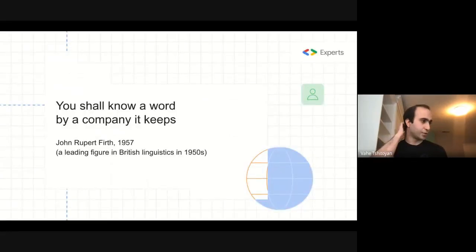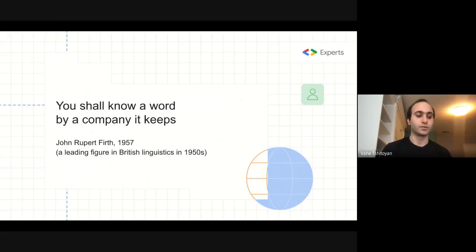I want to start with this famous quote from John Rupert Firth, a famous British linguist in the 1950s. The quote says, "You shall know a word by the company it keeps." I think this doesn't necessarily only apply to words. It could apply to many things, but the phrase as is probably one of the key concepts of NLP these days.